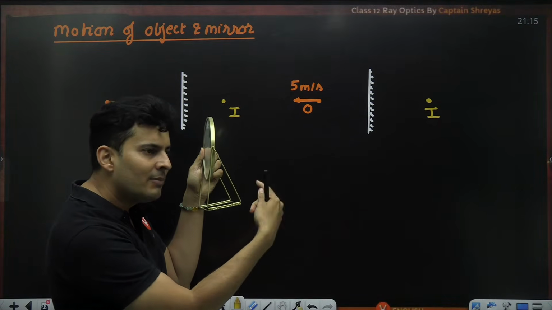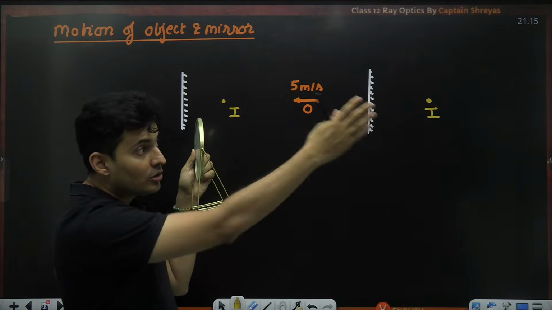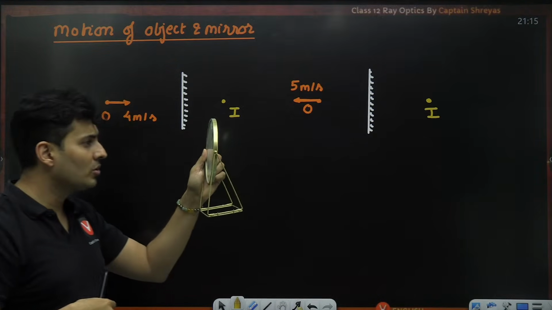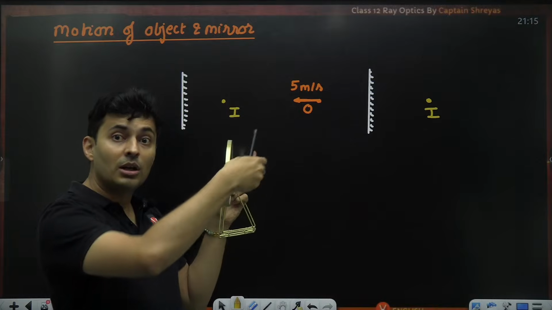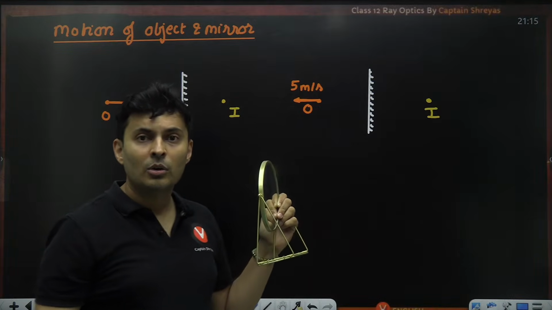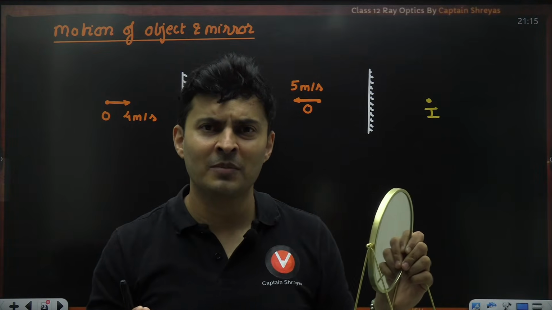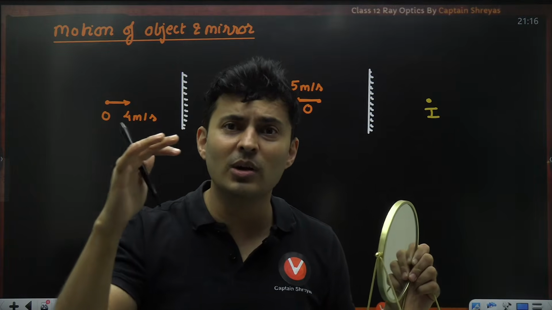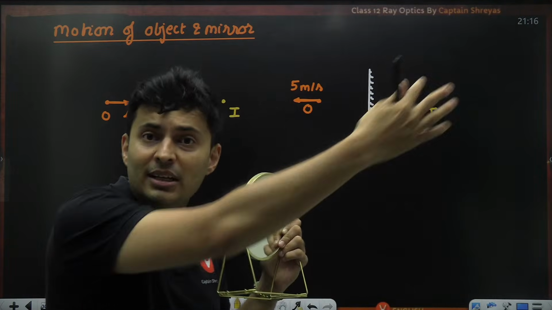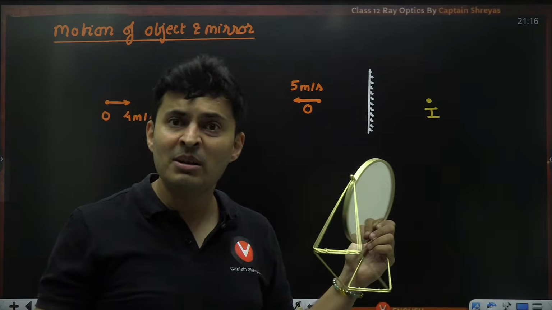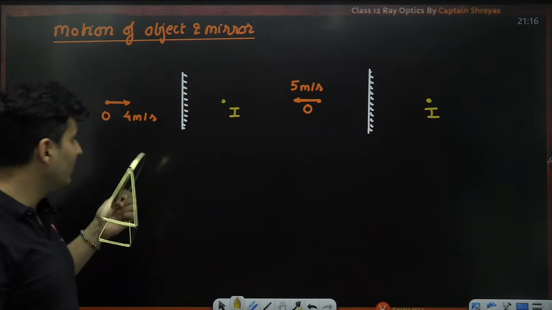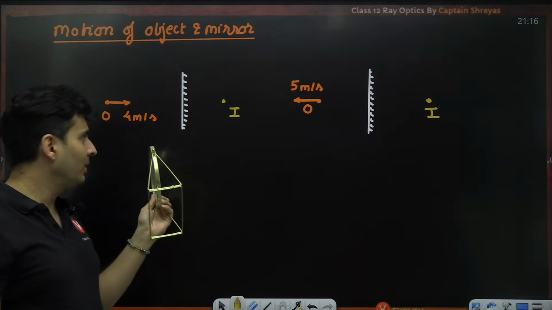Where will the image move behind the mirror? Will it also go away? Imagine you are going close to the mirror and the image inside the mirror is running away from the mirror. You will get scared, man. You will freak out. You will lose your calm if the image went away from the mirror, because it will be like you are a ghost. Okay, you will feel something is wrong. You are whacked up in the head.